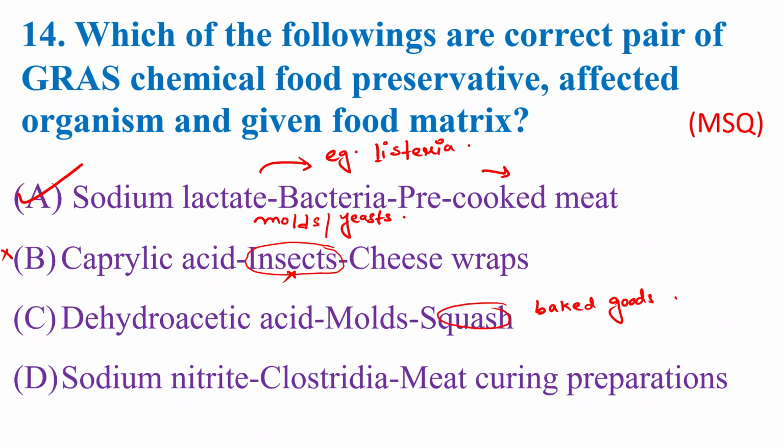Sodium nitrite, Clostridia, meat curing preparations. Sodium nitrite prevents Clostridium botulinum, a bacterium which grows in cured meats, say bacon or ham. So this is also correct. So over here my correct options are option A and option B.